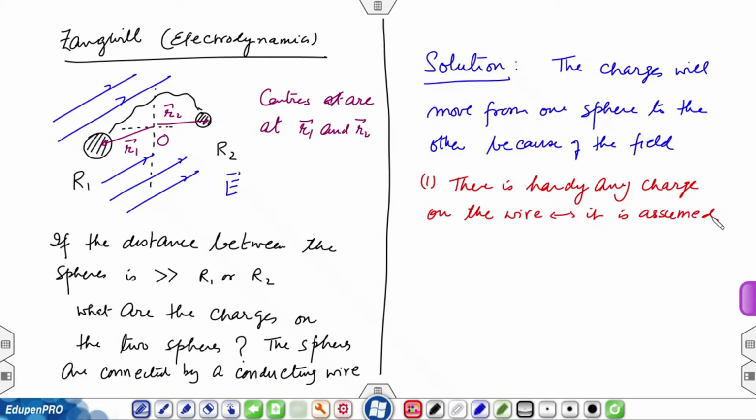So, charges move from one sphere to the other because of the field. And how long does it take place? Until the two spheres are at the same potential.